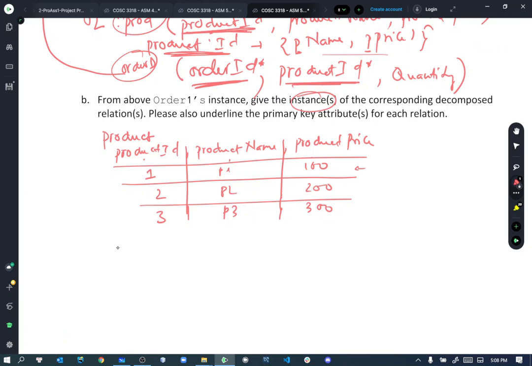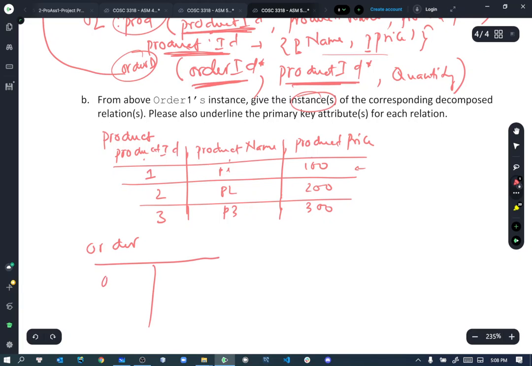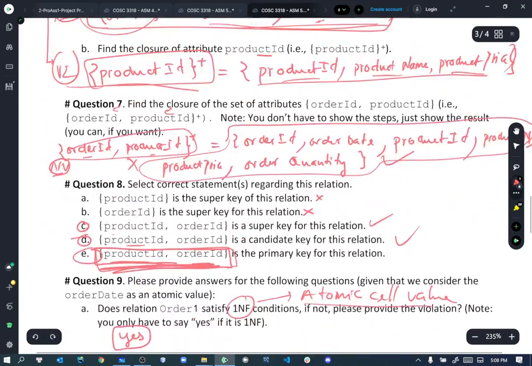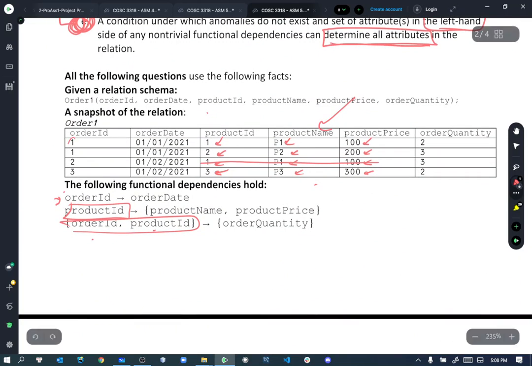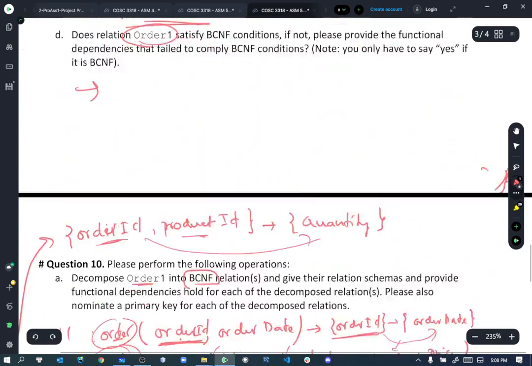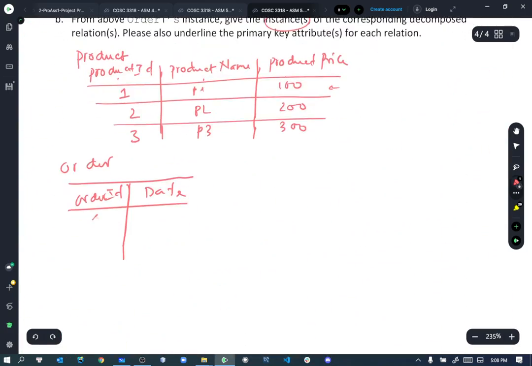Next, we need to have order. And inside order, you have order ID and order date, which we'll just look up from here. You will have order ID 1. Date is the first day of the year, so order 1, 01 01 2021.